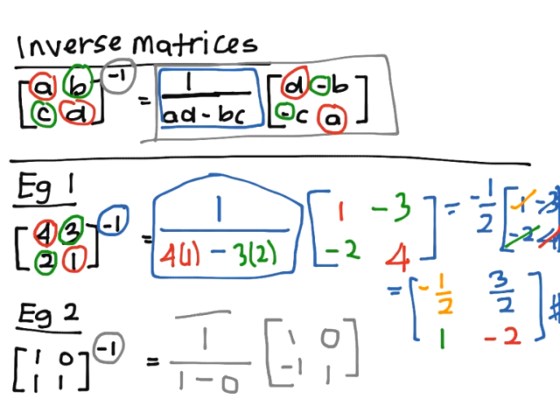For this part, the denominator is 1 minus 0, we also come up with 1. So 1 divided by 1 also comes up with 1. So 1 multiplied with every value also comes up with the same value. So our final answer will be 1, 0, negative 1, 1. So this is our final answer for the inverse matrix for the second example.